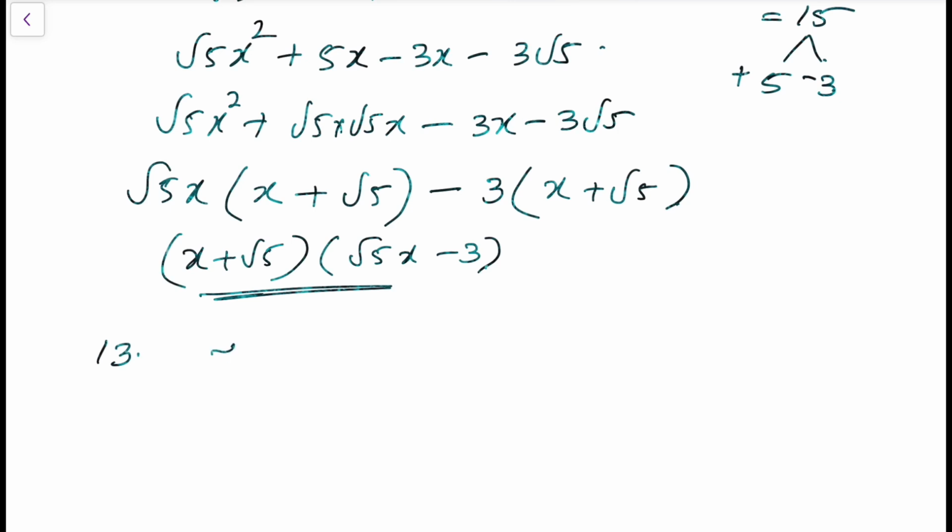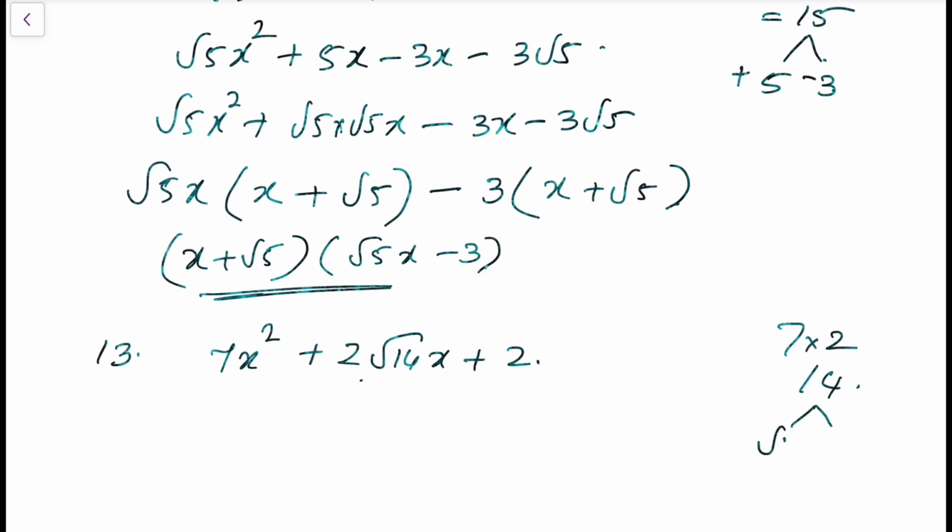The next one, 7x squared plus 2 root 14 x plus 2. Again 7 into 2 is 14. So, 14 root, now your middle term is 2 root 14. So, you can write this as root 14 into root 14.